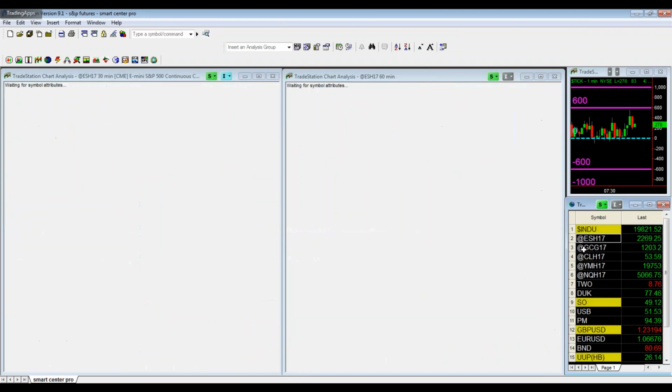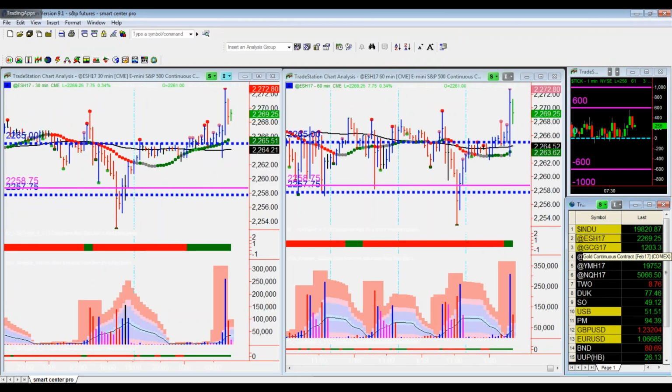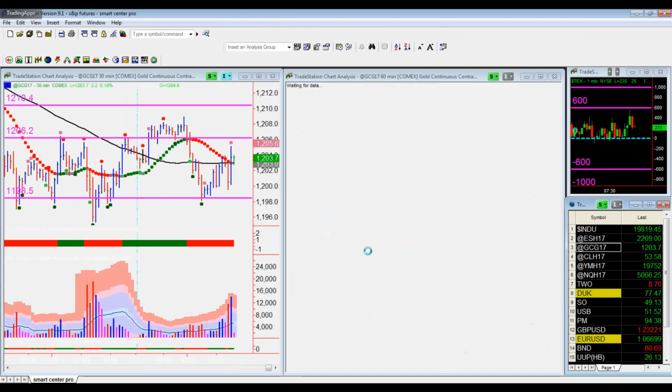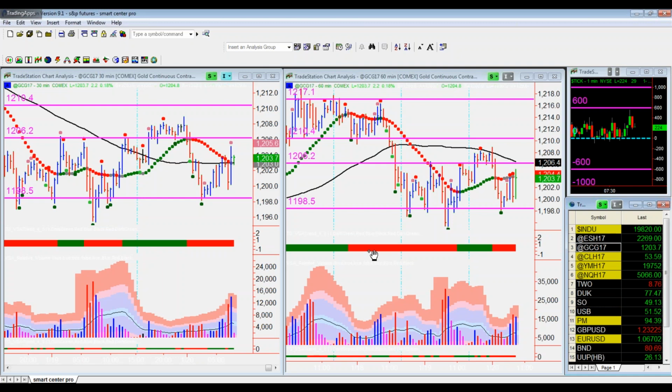So we'll take a closer look at some levels if it gets to 66 on the S&Ps. If the gold gets up to 1206, I'll look for some short opportunities in there, and specifically if the S&Ps are starting to rally and hold that support.